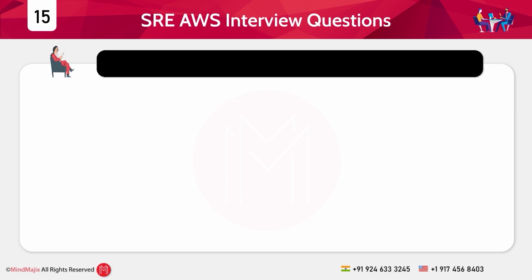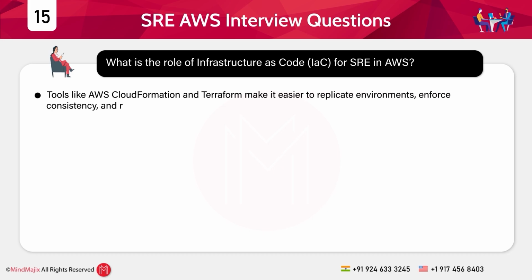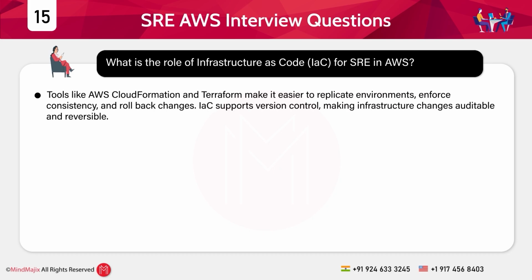The next question is, what is the role of infrastructure as code for SRE in AWS? Infrastructure as code, or IaC, allows SREs to define, provision, and manage AWS resources using code instead of manual configuration. Over here, we have tools like AWS CloudFormation and Terraform, and these tools make it easier to replicate environments, enforce consistency, and roll back changes.